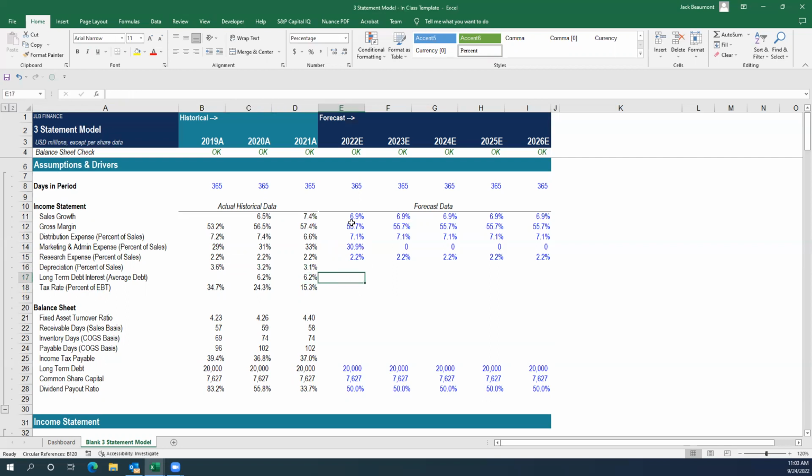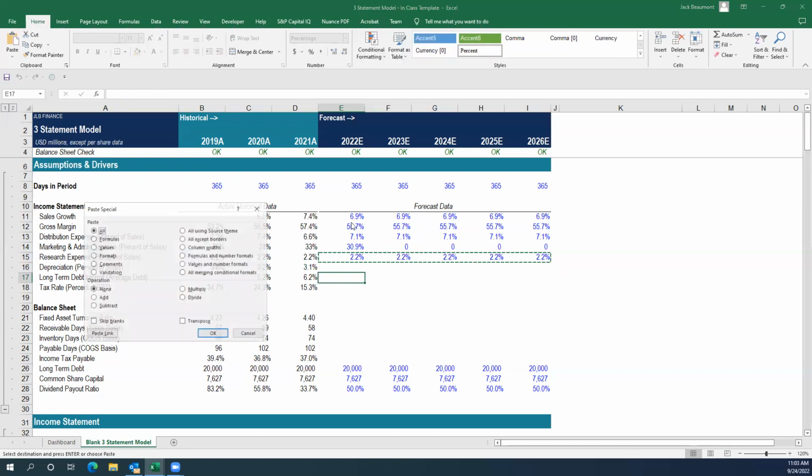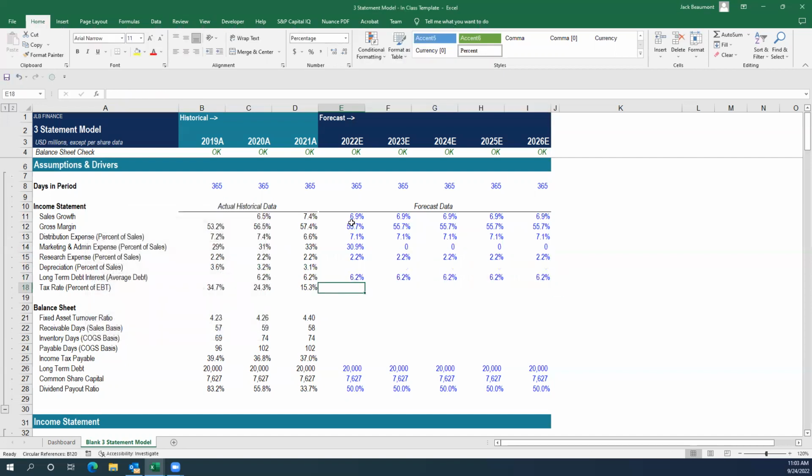Okay, and long-term debt over interest. So we've got 6% there, and it's the same. So actually, what I'm going to do here is Control C, and across here, I'm going to copy this whole thing. Here, I'm going to go Alt ES, and I'm going to copy the formulas. And so it's going to copy all the formulas that were in this, and do the same here and reference these values for it.